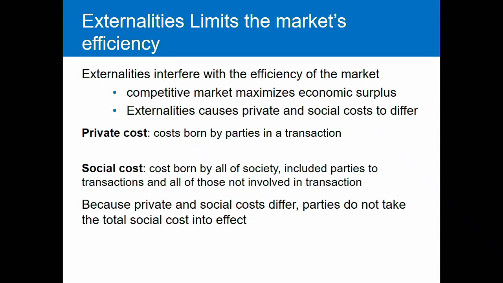Because the private and the social costs differ, the parties don't take into account the total social cost. And that's what brings us away from this equilibrium that maximizes economic surplus.